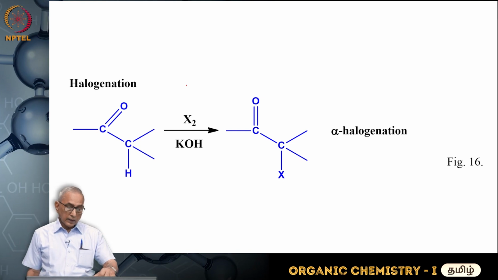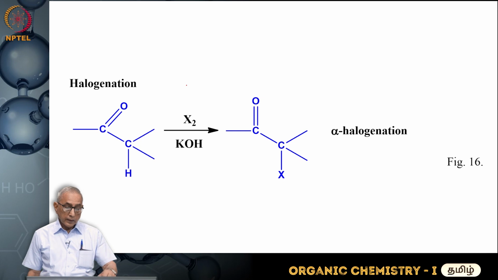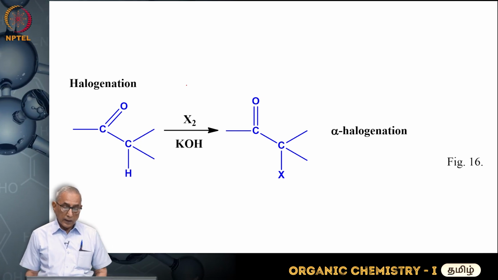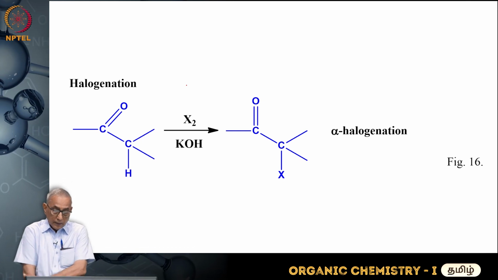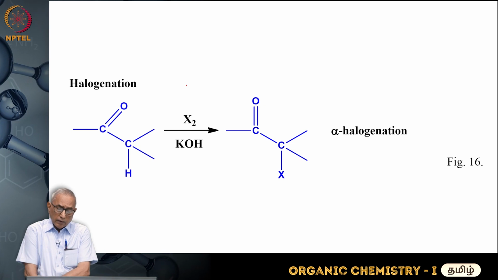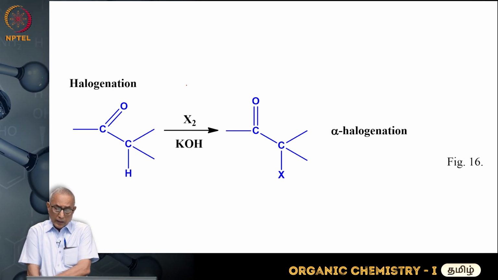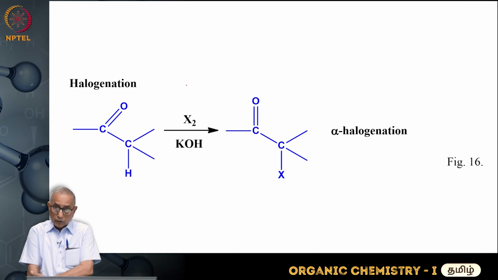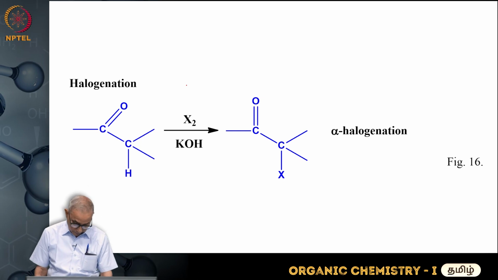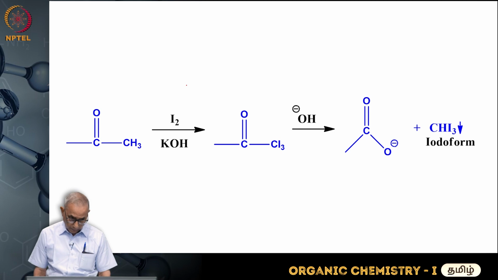So when you react with X2, you get a negative charge here, it reacts with X2, takes a halogen and removes another halogen as X minus. This is called alpha halogenation. When it proceeds further, you get the dihalo and trihalo compounds we have seen in chloroform, bromoform and iodoform formation. This is the first step in the formation of those compounds.